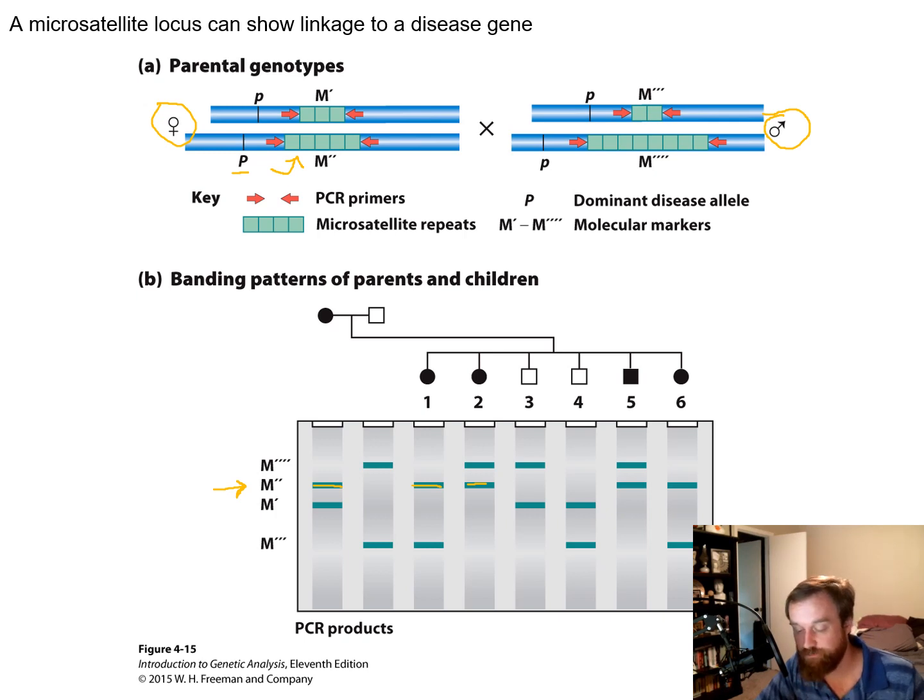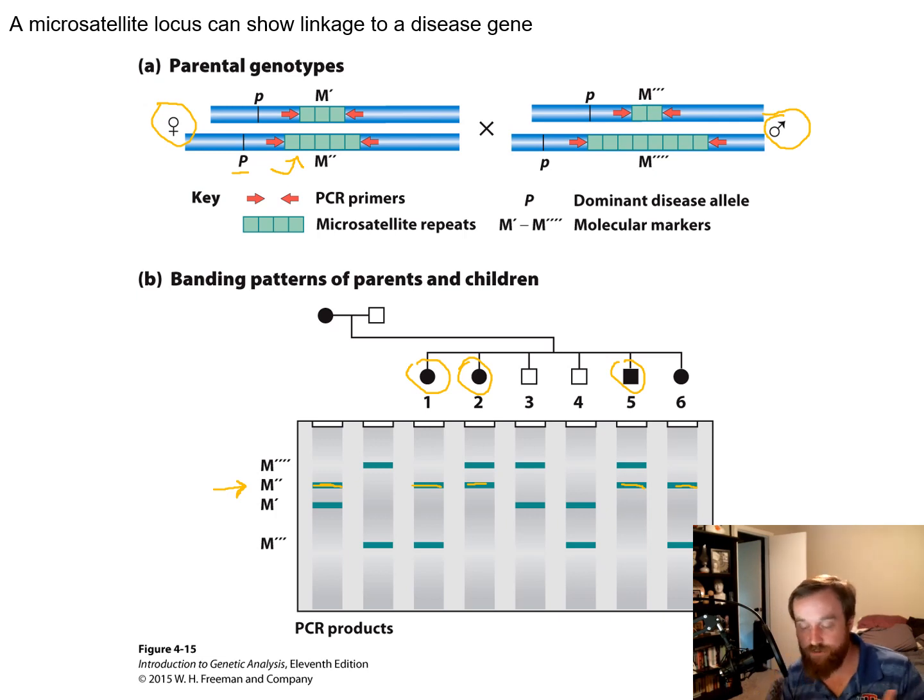Now, if we map a pedigree to that of people who have a disease, we also see that everybody in this pedigree who is a dark circle, who has the disease, also has that band that we're looking at, right? So lanes 1, 2, 5, and 6 all have that band of M double prime, and they all have the disease.